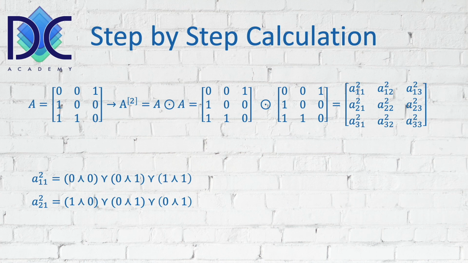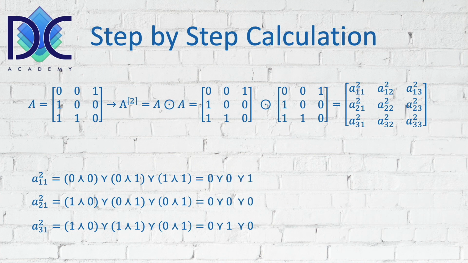So we find 1 and 1, we find 1 and 0, 0 and 1, and 0 and 1. And the last element in this column is 1 and 0, 1 and 1, and 0 and 1.